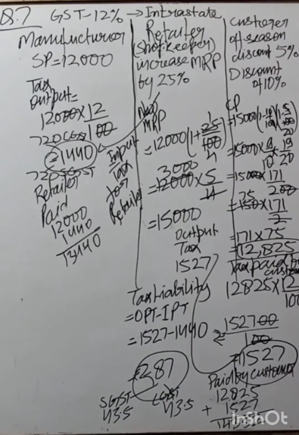This much he paid. What is your answer? What does the question say? The price inclusive of tax which the customer pays for the table. So that is 14,352. 14,364. 64.